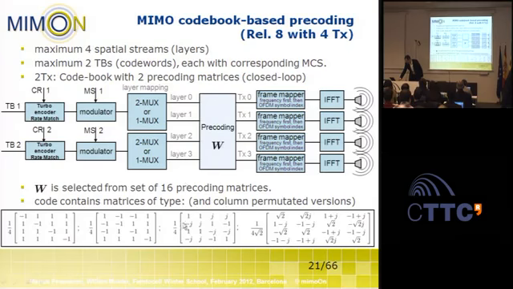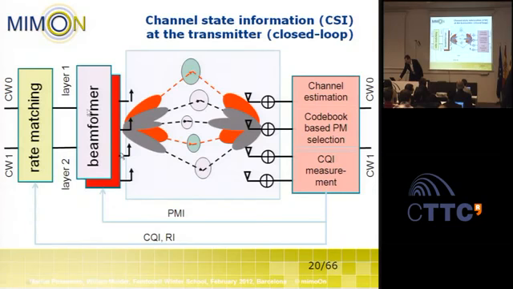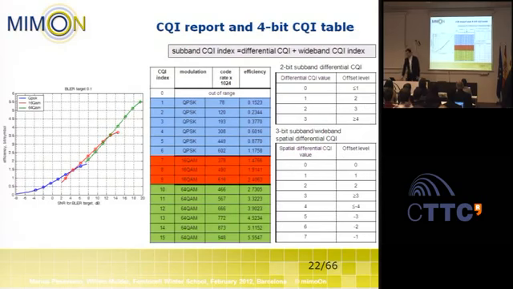So let us, in the following, take a look at how the CQI reports are generated at the user equipment and how the precoding matrix indicator is selected. So how do we select the precoding matrix? In the user equipment, this is done based on measurements that are carried out. In fact, at the user equipment, for each stream arriving, or for each possible stream, the SNR and SINR measurement is carried out.